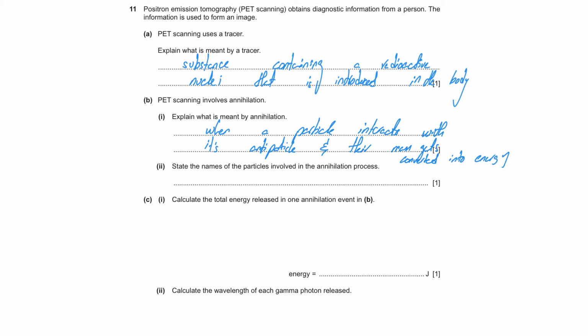State the name of the particles involved in the annihilation process. So the particles that are involved, as we discussed just now, are a positron and an electron.